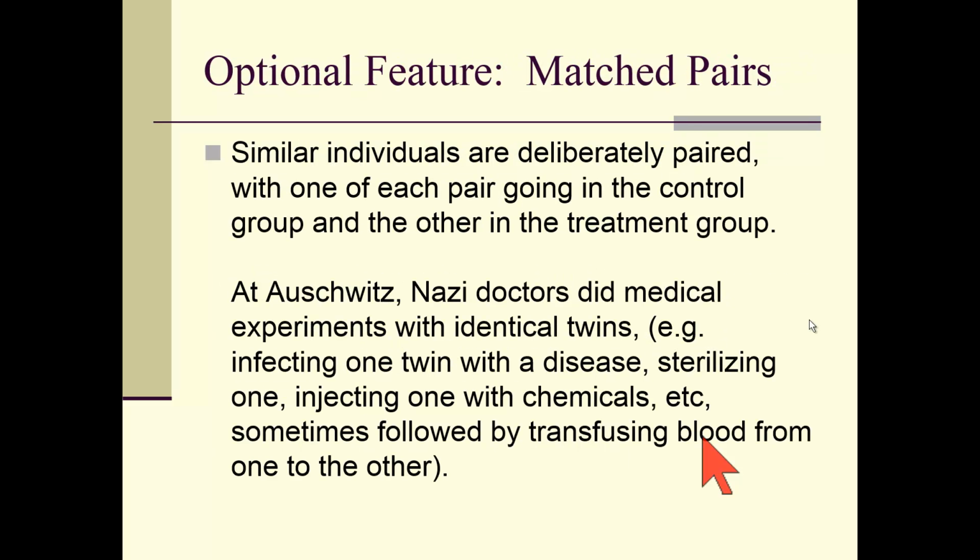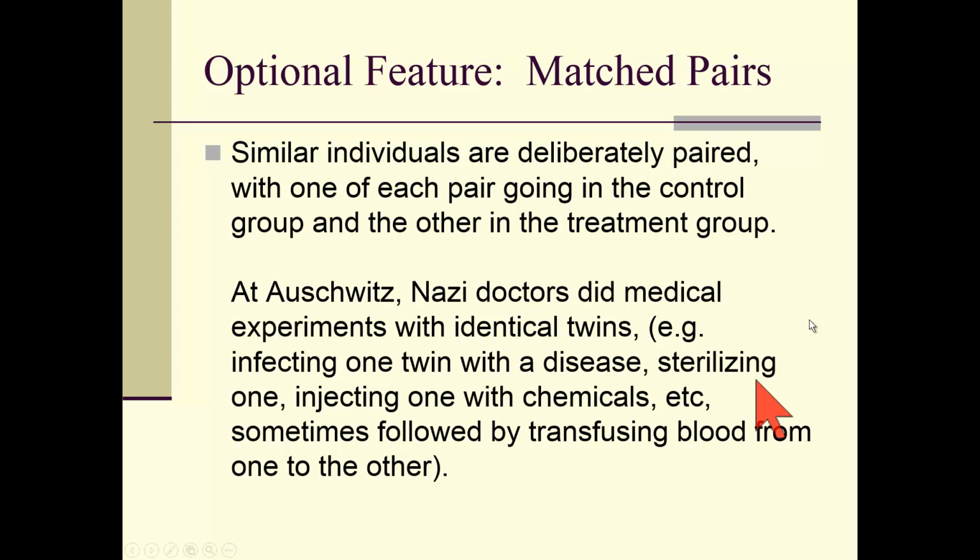Then there are other things that are sometimes done. Let's talk about this scenario from World War II and the years leading up to it. At Auschwitz and other Nazi concentration camps, so-called Nazi doctors did medical experiments with identical twins.